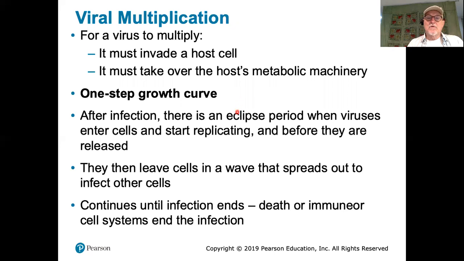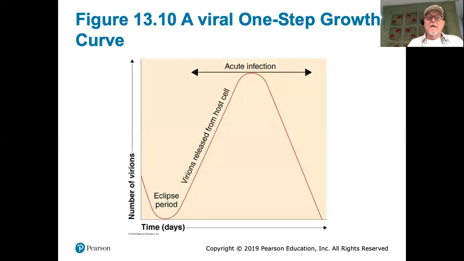So what we observe is the following. If we follow the number of viruses, say we were tracking how many viruses we could see in circulation, we would see an initial circulation of virus after infection, but then the number of viruses that we see simply disappears.